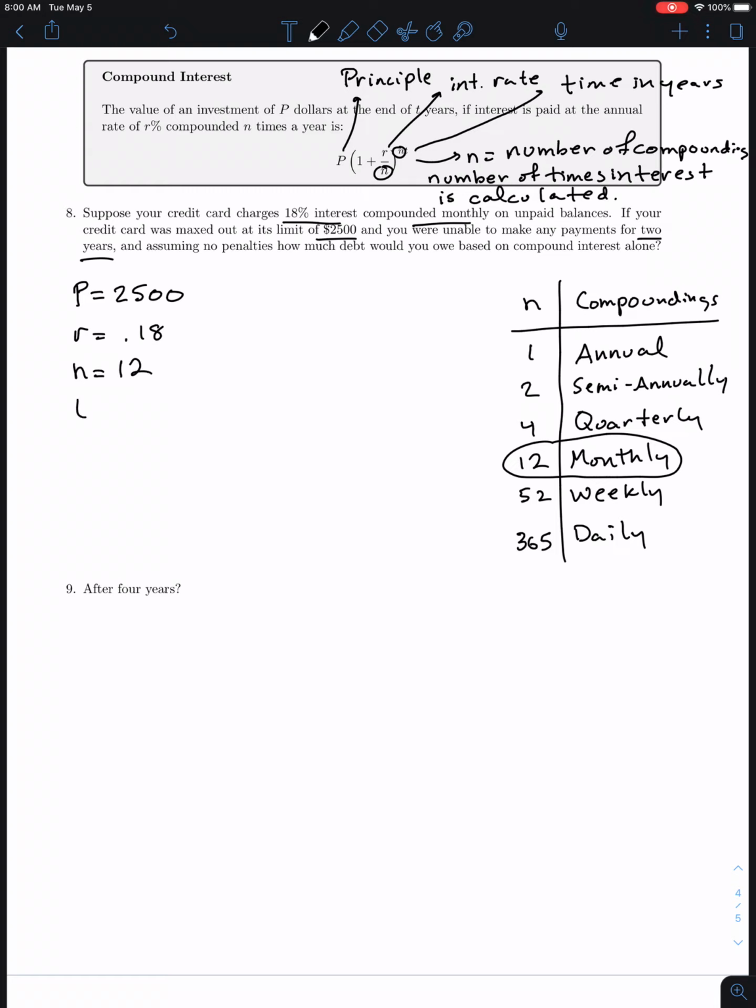And the time is 2 years. So now to fill everything out in our formula, we're going to get 2,500 times (1 plus 0.18, our interest rate, all over our number of compoundings, 12), all raised to the 12 times 2.